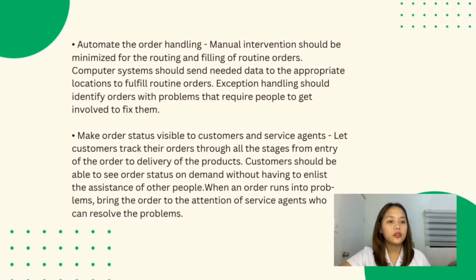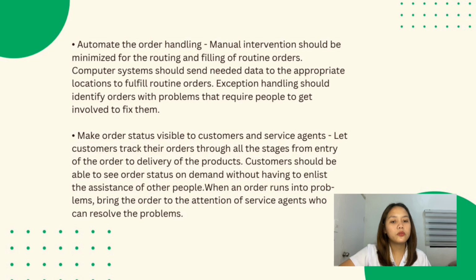Automate order routing. Send orders immediately to the convenient delivery point. People only handle exceptions. As soon as you get an order, send it directly to the best delivery location. People should only get involved if there is a problem. Make order status visible. Allow customers and service agents to immediately view the details of the order status if they choose to.